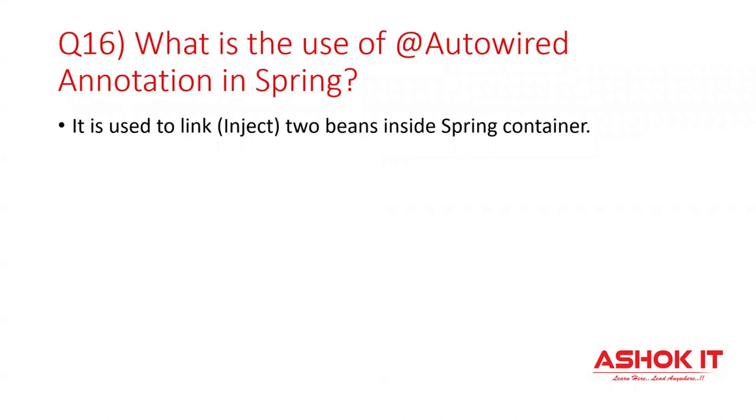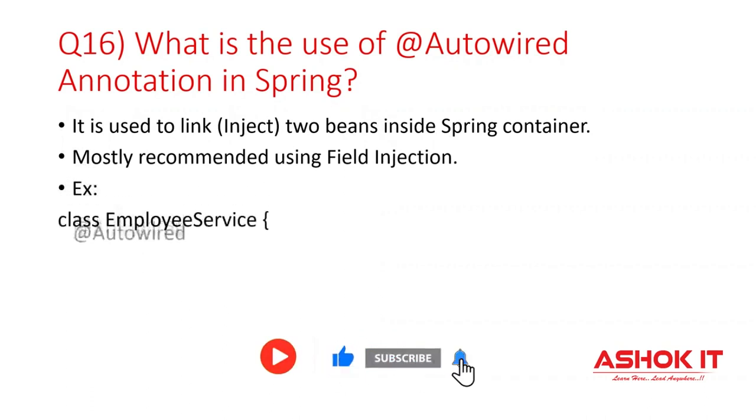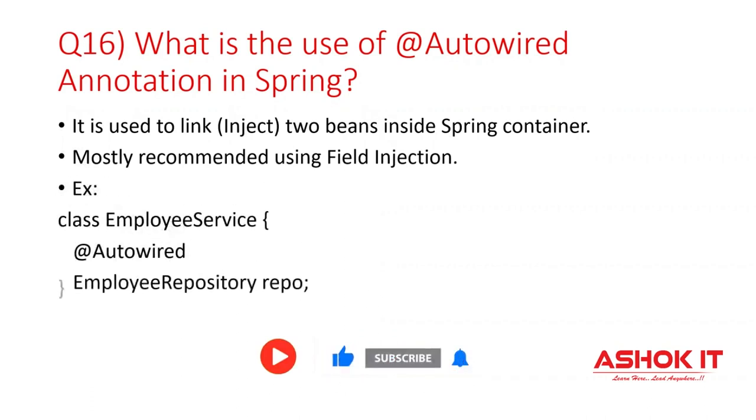You can even define @Autowired for interface dependencies also. At runtime, it will choose the implementation objects. It is actually recommended mostly for field injection. You can see some sample code. Here, the service object is linked with the repository object.